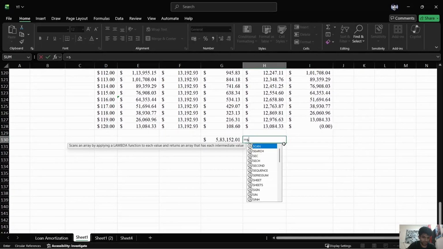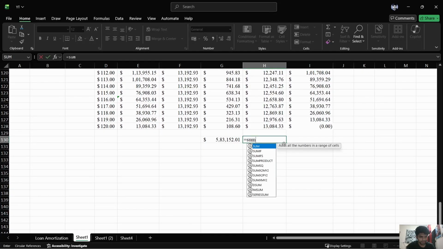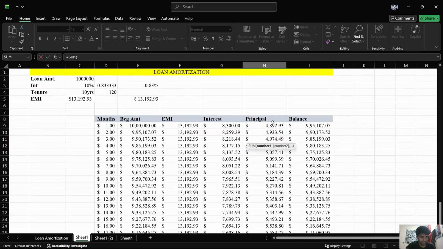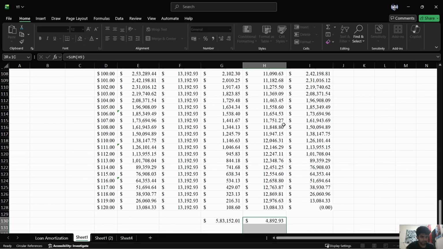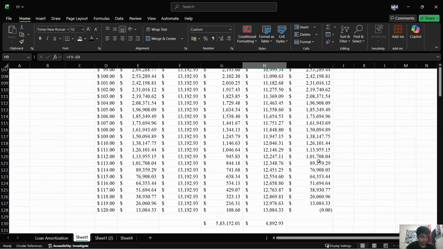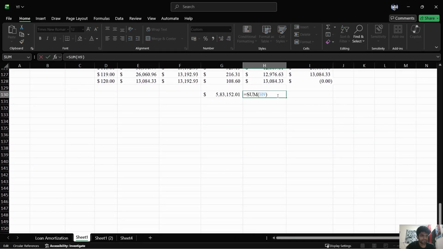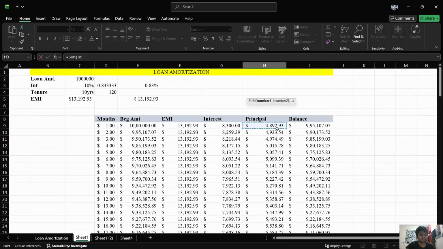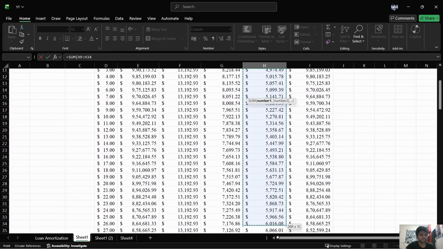And similarly for the principal amount, let me select the sum function. We want to see the exact amount of principal we are paying.